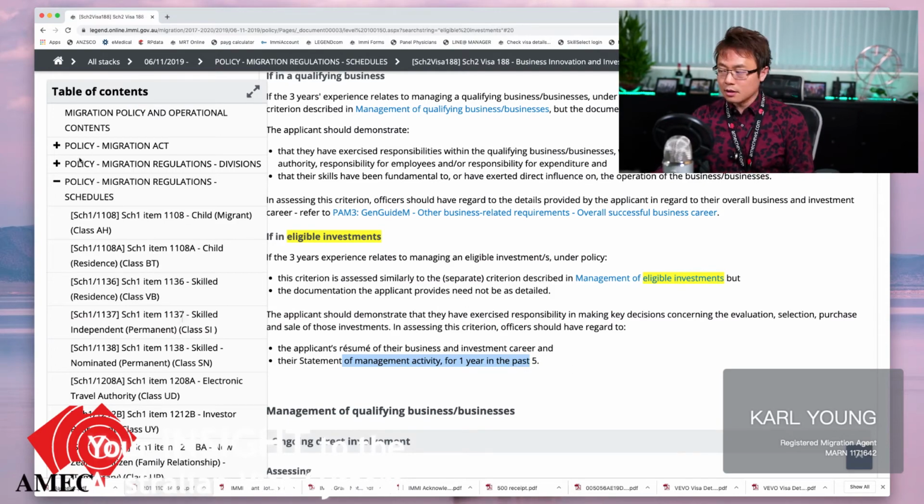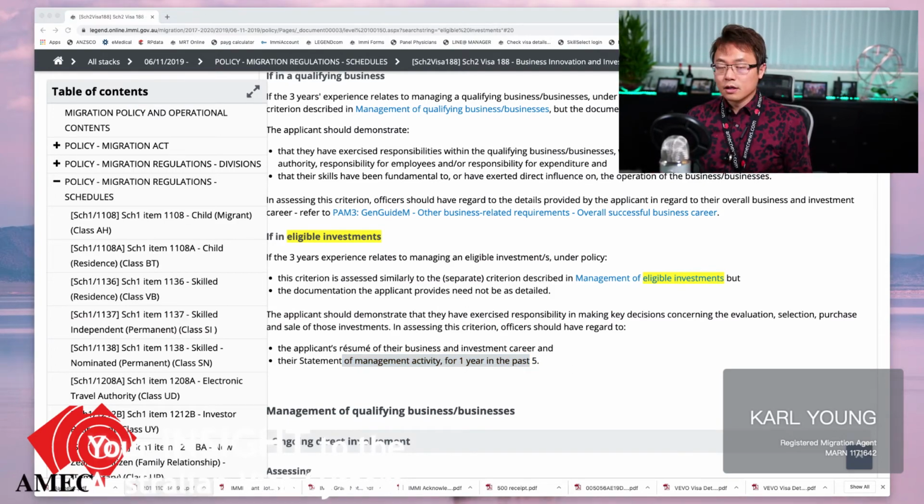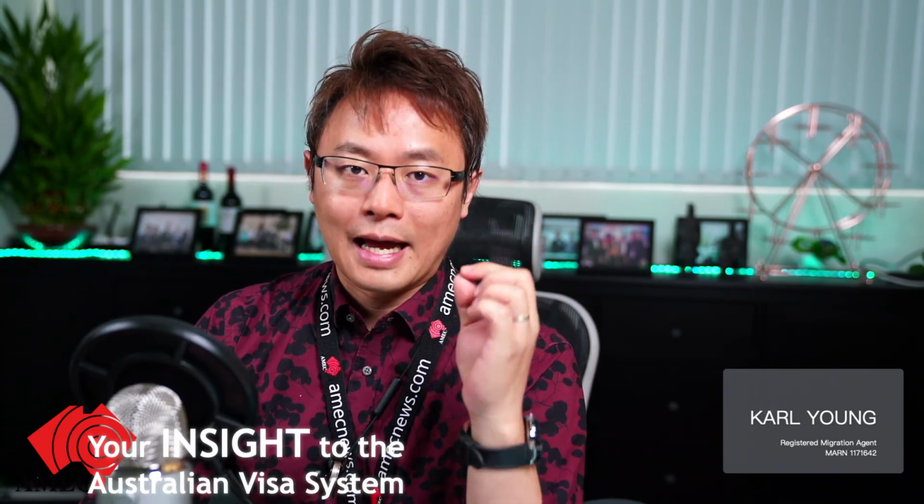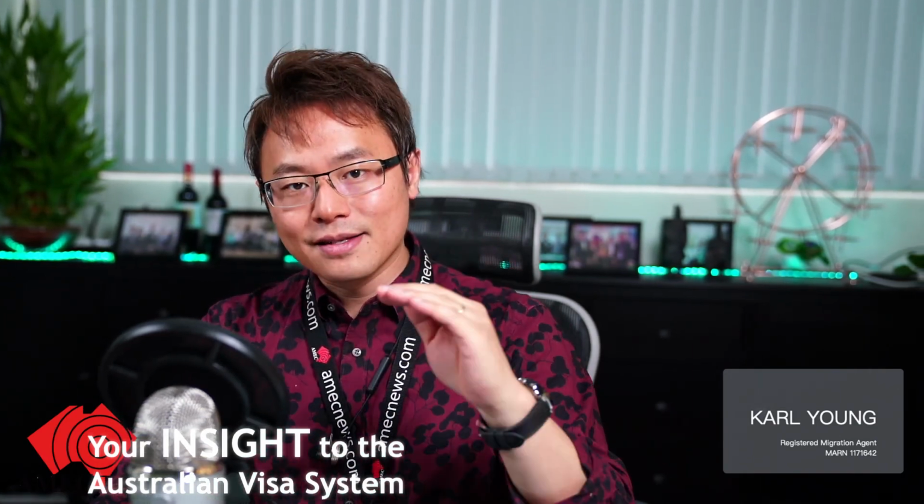So that's basically a very quick review, summary and detailed explanation of what eligible investments are actually defined as under the law, and also how the immigration officer assesses each and every criterion for the points.